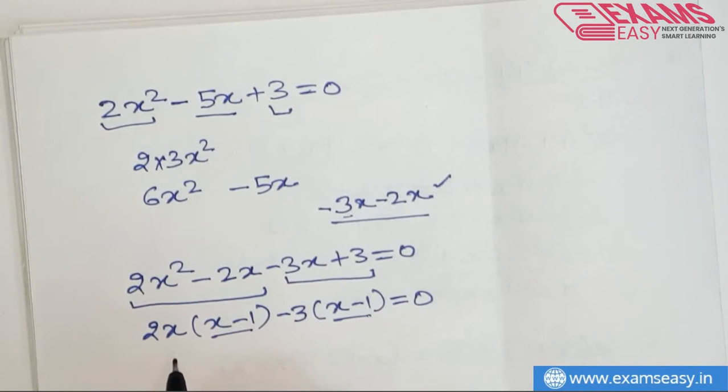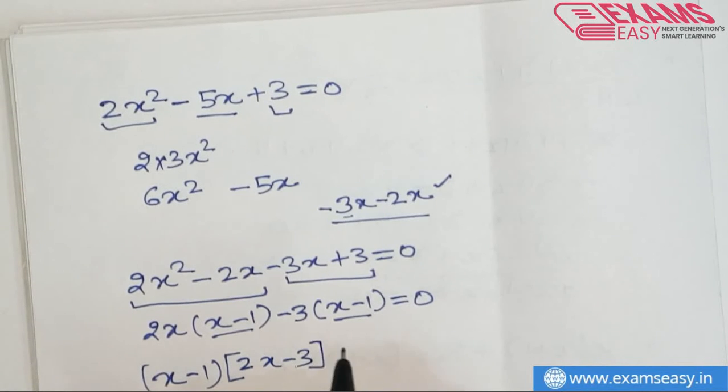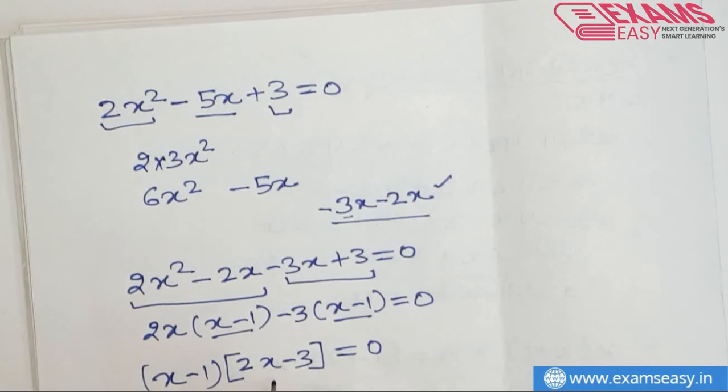Now our fourth step tells us to take the term which is in the bracket common from both these terms. So we will get x minus 1, and in the bracket we are left with 2x minus 3 is equal to 0. Friends, the product of two expressions is equal to 0 when either of the terms is 0. So let us assume x minus 1 is equal to 0, and the second case is 2x minus 3 is equal to 0.